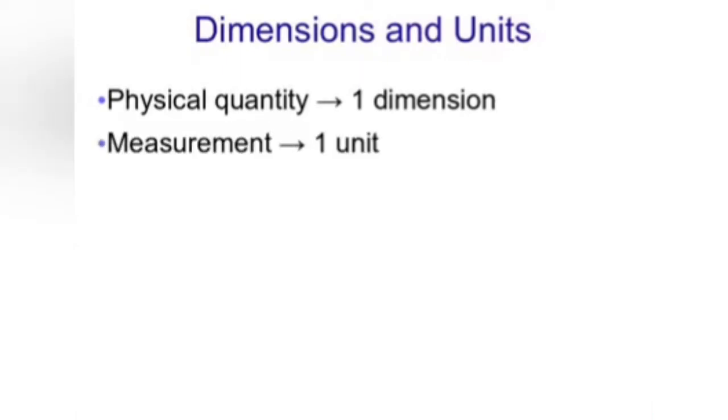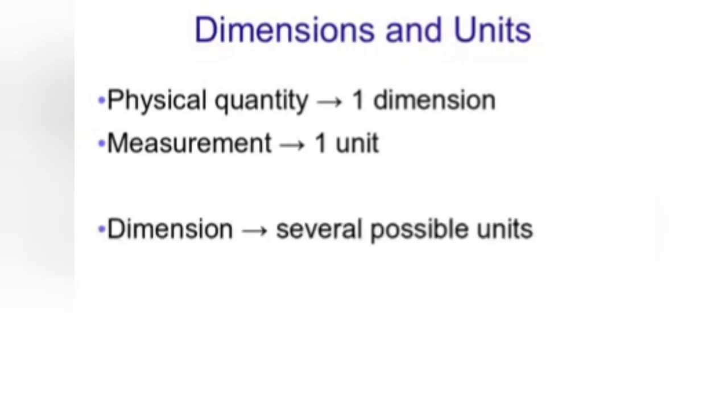Every measurement you make of a physical quantity has to have a unit that goes with it, and that individual measurement has one specific unit. But for any dimension, there are several possible units. So when you're measuring a physical quantity, you can measure it in different units, but they have to agree with the dimensions for that physical quantity.